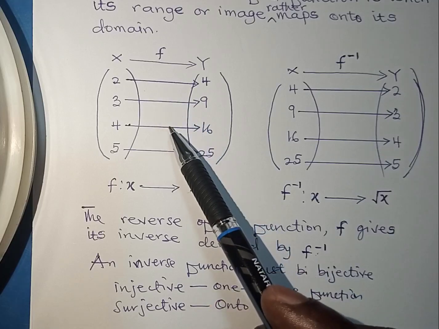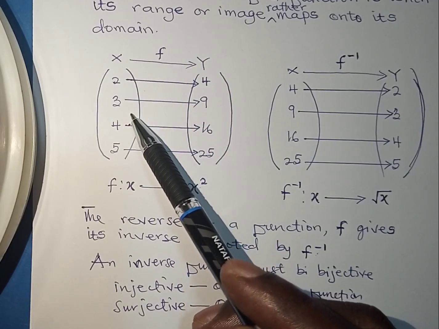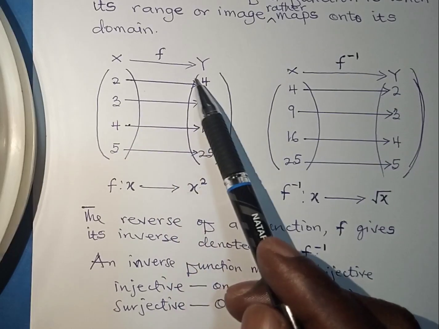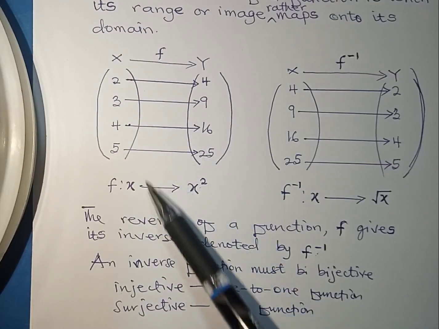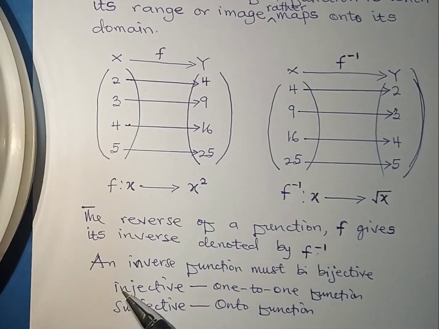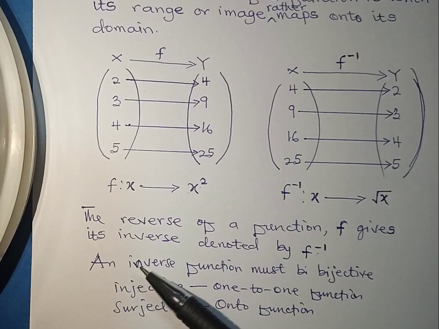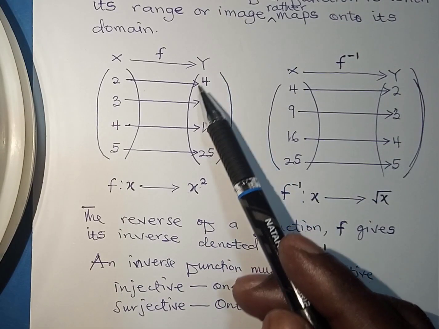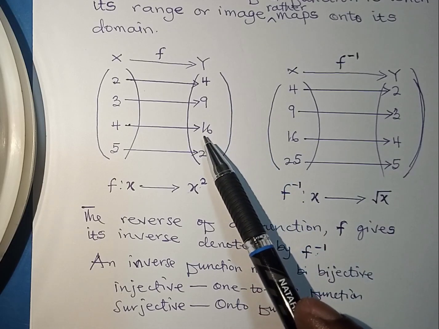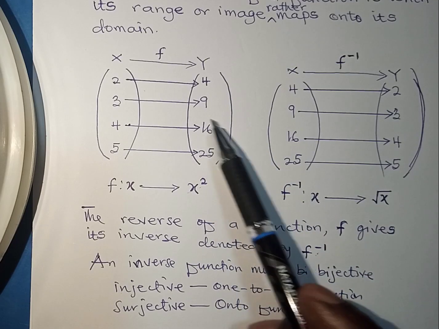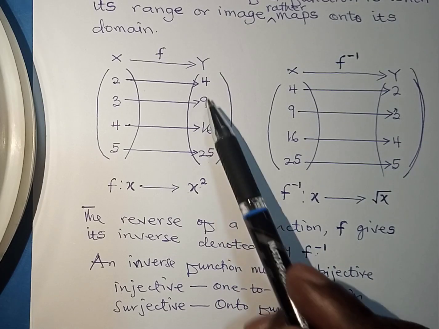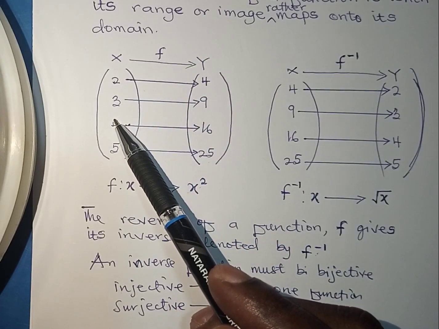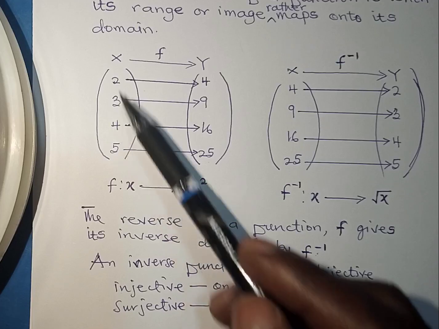this example you see here is bijective. It is injective, which is one to one. You realize that every element maps onto only one. So once it is one to one, it is injective. Let's check whether it is also surjective. When we say surjective, it means that the range is the entire codomain, or is equal to the codomain. Looking at here, each element in the codomain corresponds to an element in the domain.